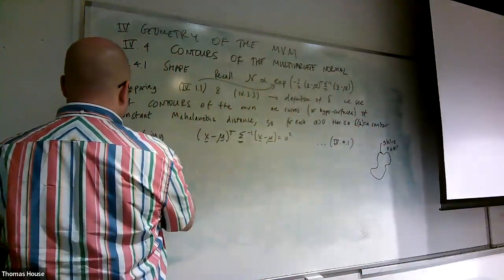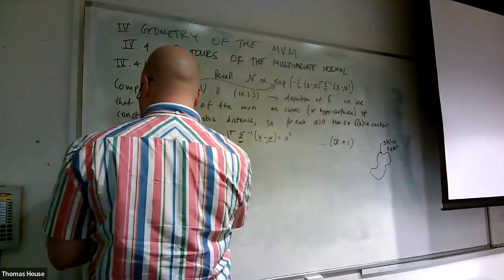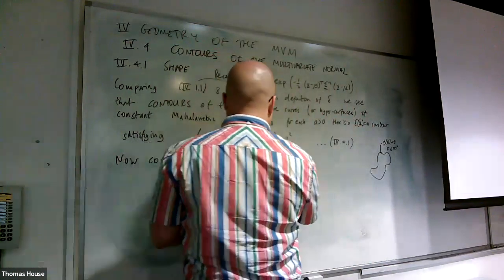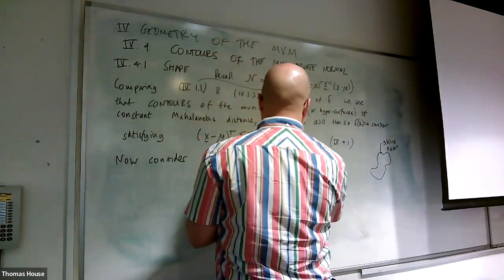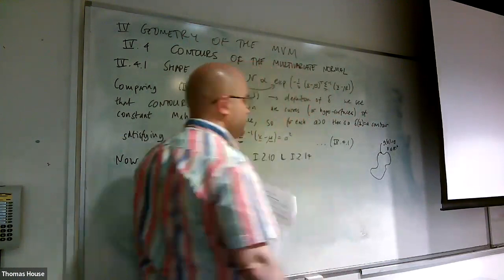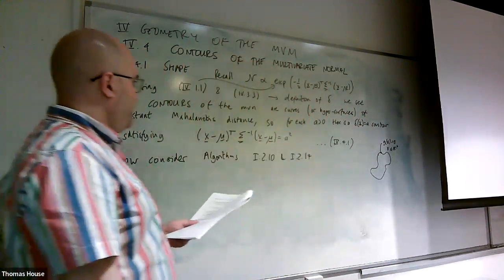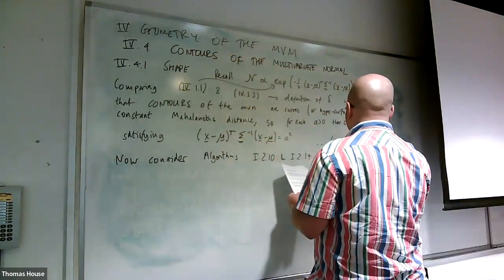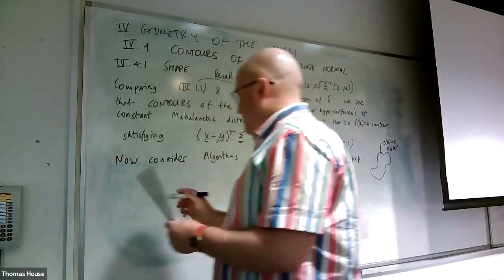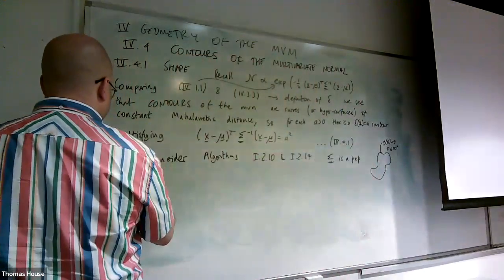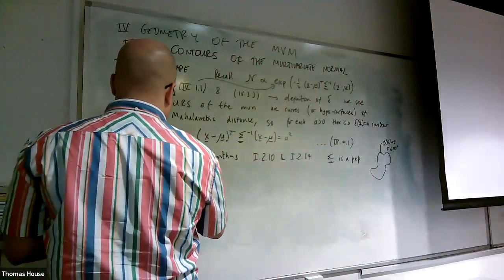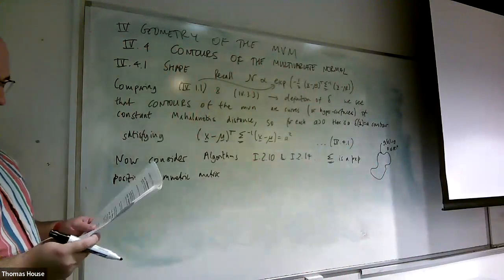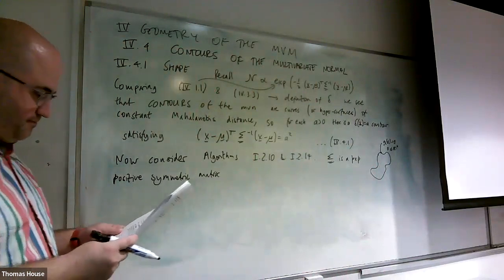Okay, so now consider algorithms 1.10 and 1.14. So these are the ones for eigenvalues, yeah, and Cholesky. So sigma is a p by p positive symmetric matrix, yeah. So it needs to be for the distribution to be multivariate normal.